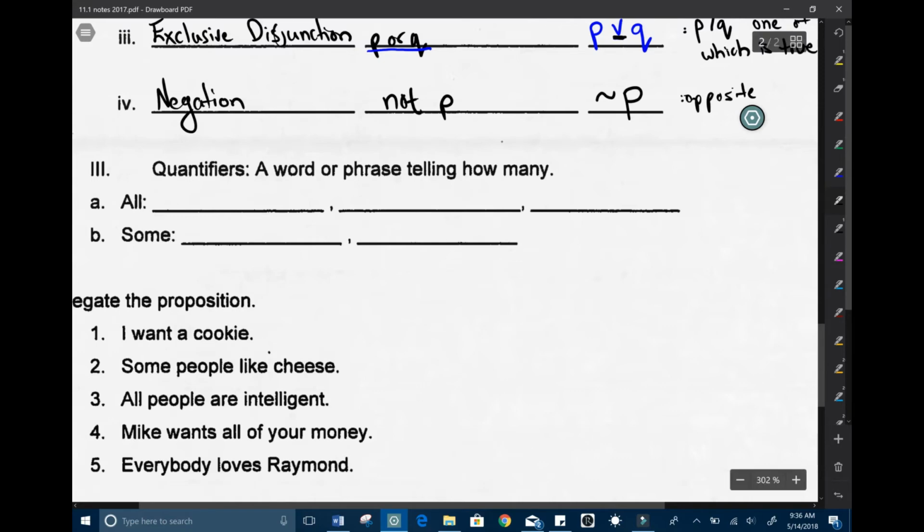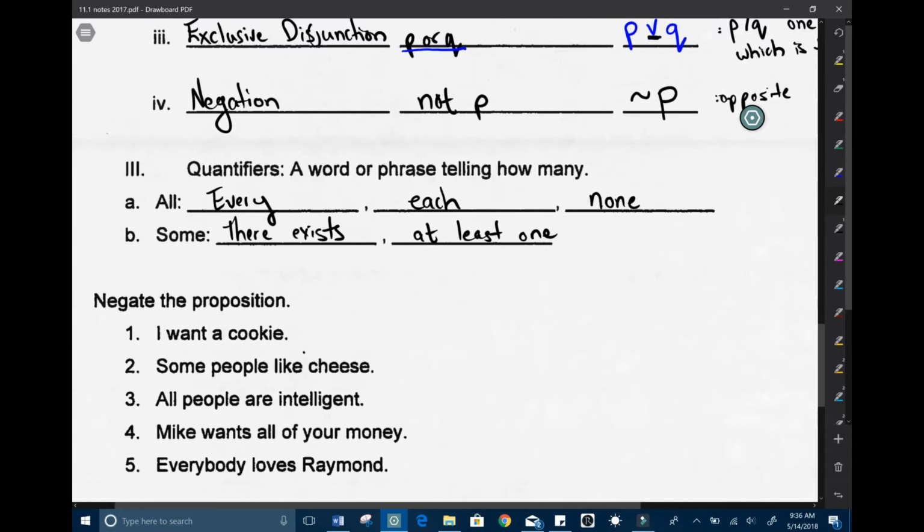So all you may also see as every, you may see as each, and you may see as none. Actually, all those statements are referring to all things. Some you may see as there exists, and at least one. Okay, there's more, but in general, we'll do that.